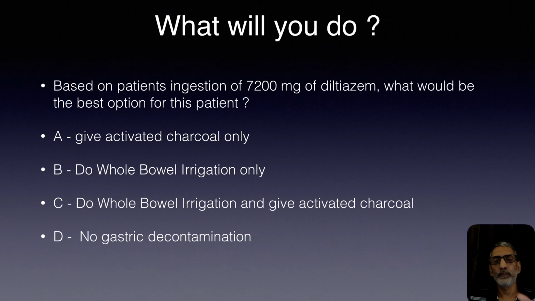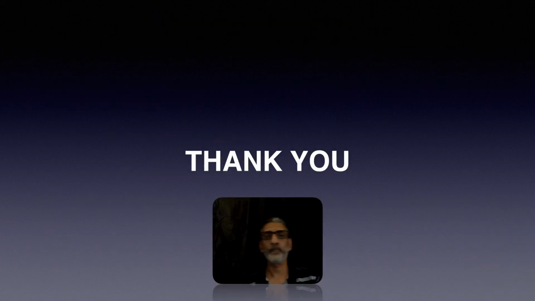Since this patient was brought to the emergency department within about 4 to 6 hours after ingestion of the extended release formulation of diltiazem, and her blood pressure was low and her heart rate was low, I think this patient will get maximum benefit from using both the activated charcoal as well as whole bowel irrigation. Thank you.